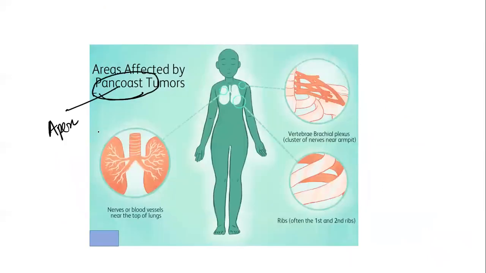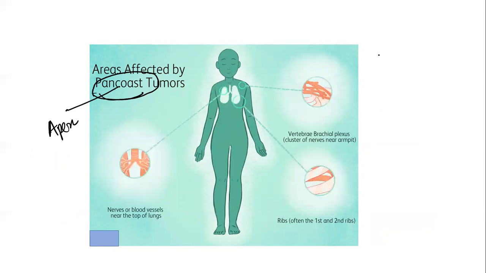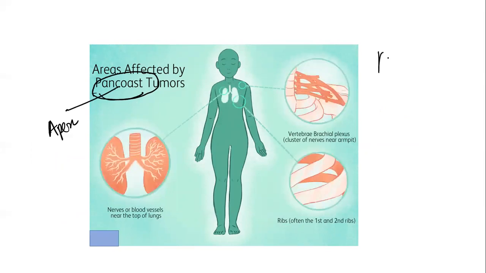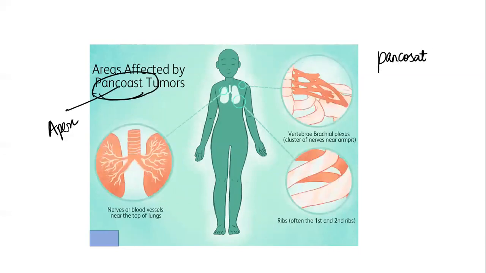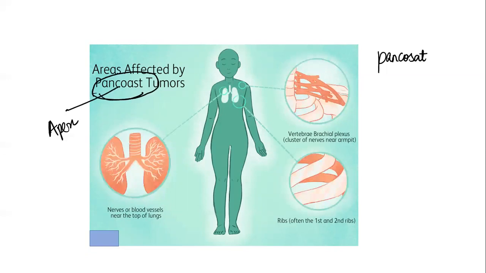So if the tumor of the lung involves the apex, then the patient is going to present with certain symptoms, and that one I refer to as Pancoast. Sorry for the spelling error. Yes, Pancoast syndrome. Yes, it is called Pancoast syndrome.